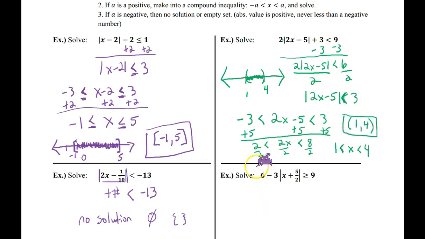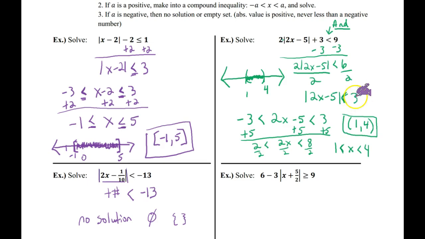Another way to solve this would be to separate it into two separate inequalities, right? We could say 2x minus 5 is less than 3, and this would be an and, so in the form less than, I already mentioned earlier, is conjunction, it's an and statement. So we're only going to write the overlap as the final solution. So you could break it up into two if you prefer, of the 2x minus 5 less than 3 and the 2x minus 5 greater than negative 3.